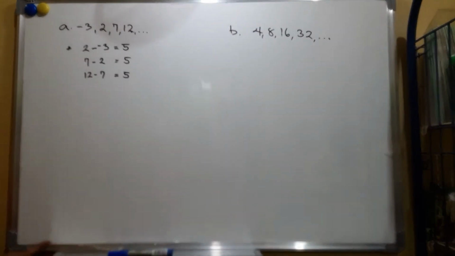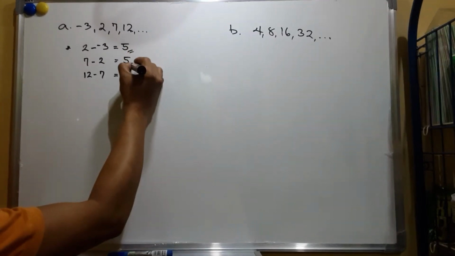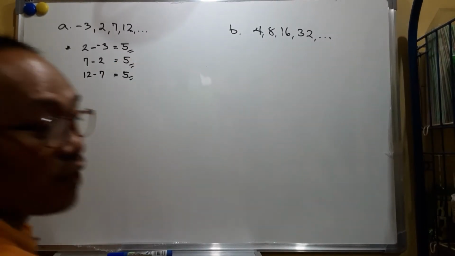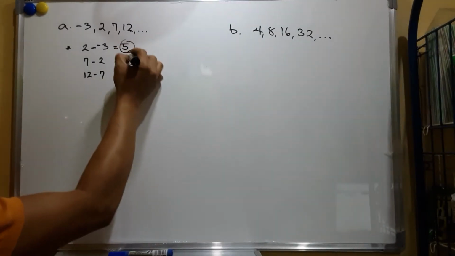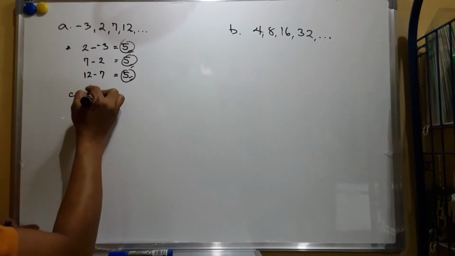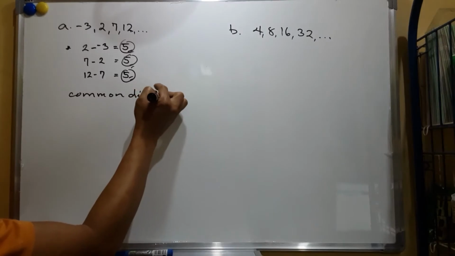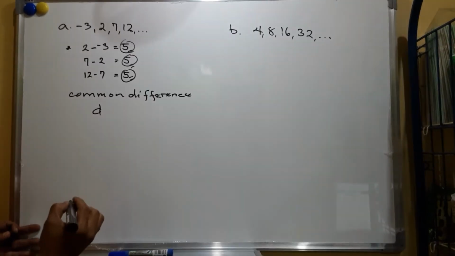If you can see, all the answers are the same. So the answer is 5. What does it mean? It means that this 5 is called your common difference, and the symbol is d.